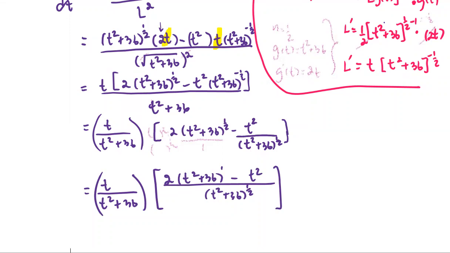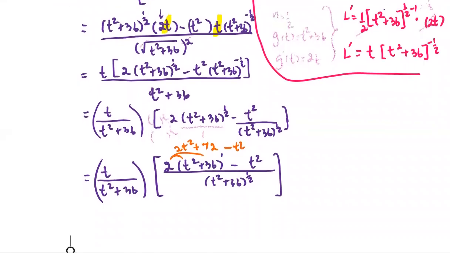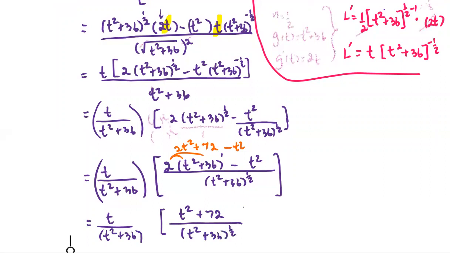Multiplying the 2 inside, we have 2t squared plus 72 minus t squared. The simplified form is t divided by the quantity t squared plus 36, and then in a bracket, it becomes just t squared plus 72, all divided by the quantity t squared plus 36 to the power 1/2.